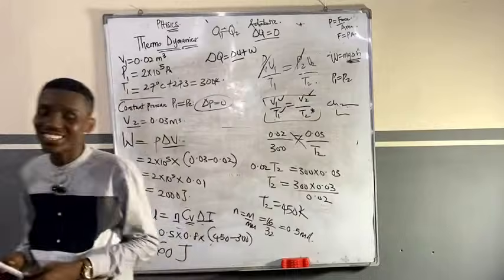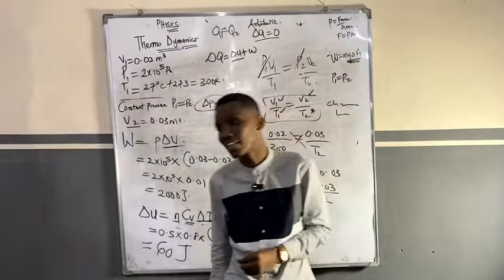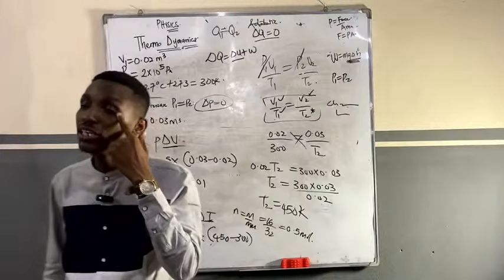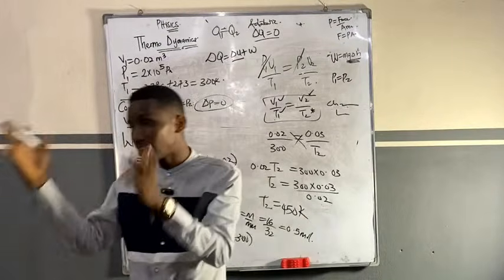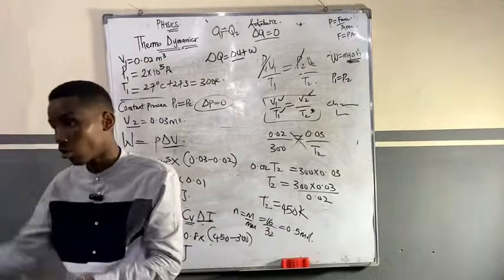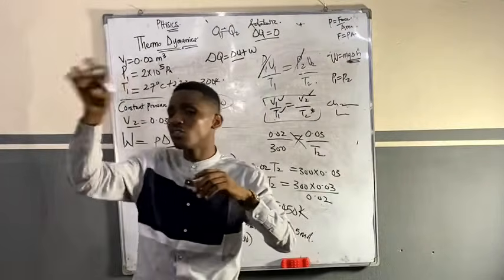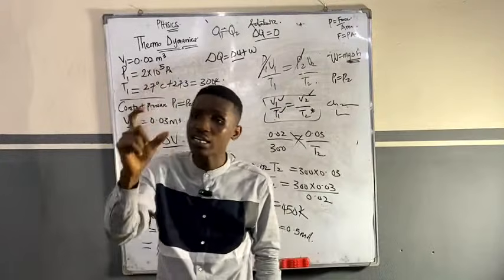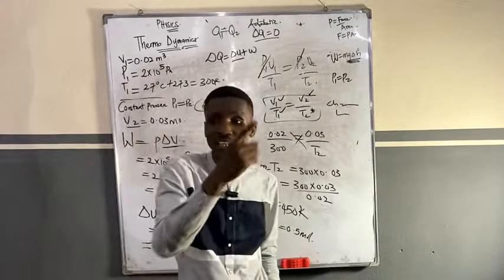For the first question, why can't we use this to solve internal energy? Like we said at the start of the class, internal energy is the sum of the kinetic and potential energy of all the molecules. That means I would have to check each individual molecule's potential energy and add it up, and check each individual kinetic energy and add it up.